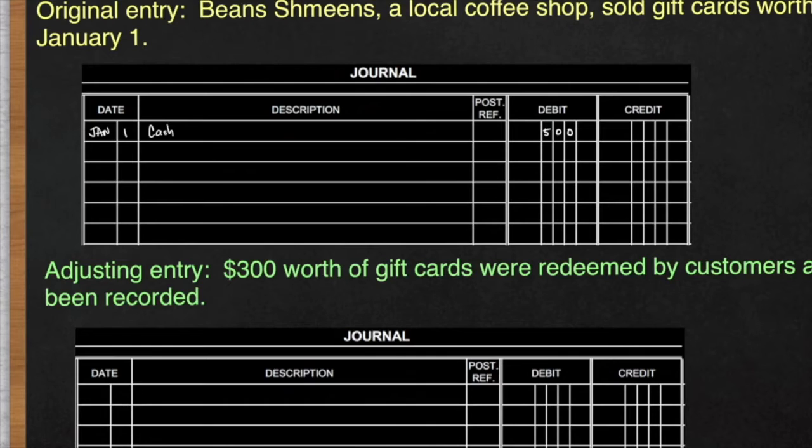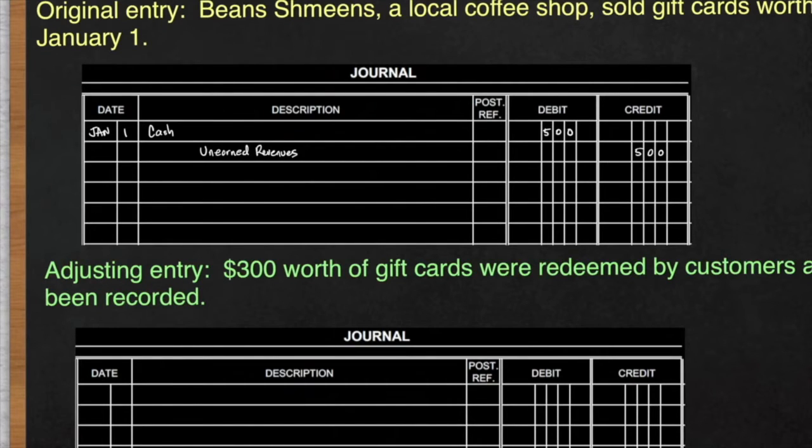And an account called unearned revenue. We're going to indent here. As I was saying, an account called unearned revenue is credited. Unearned revenue is actually a liability account. I know it says the word revenue on there and it doesn't have the word payable, but you got to get used to this account because an unearned revenue account is a liability.